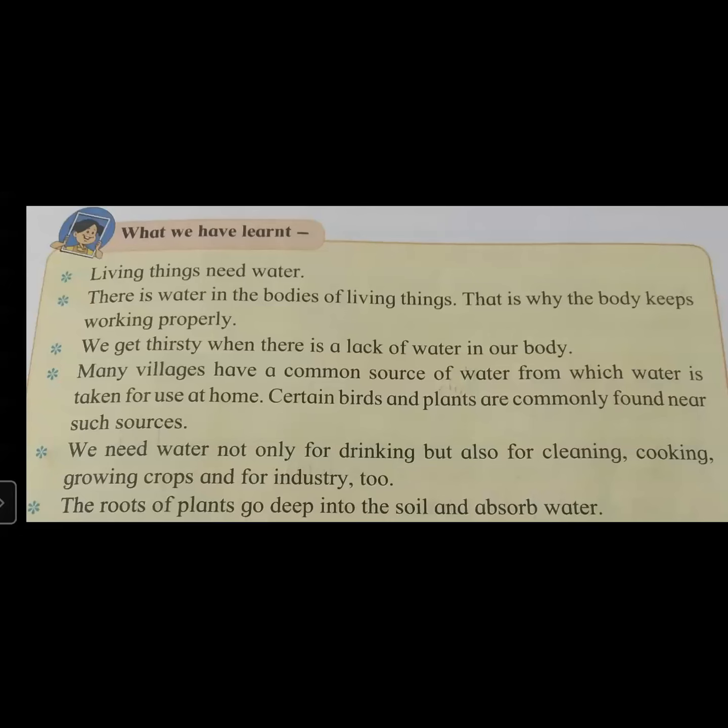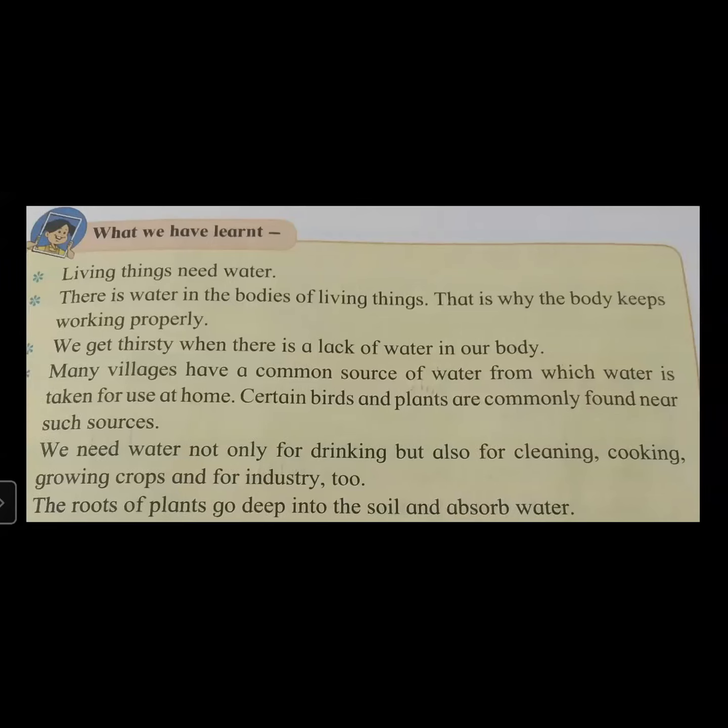We also need water for drinking, cleaning, cooking, growing crops, and for industries also. And lastly, the roots of the plants go deep into the soil and absorb water.